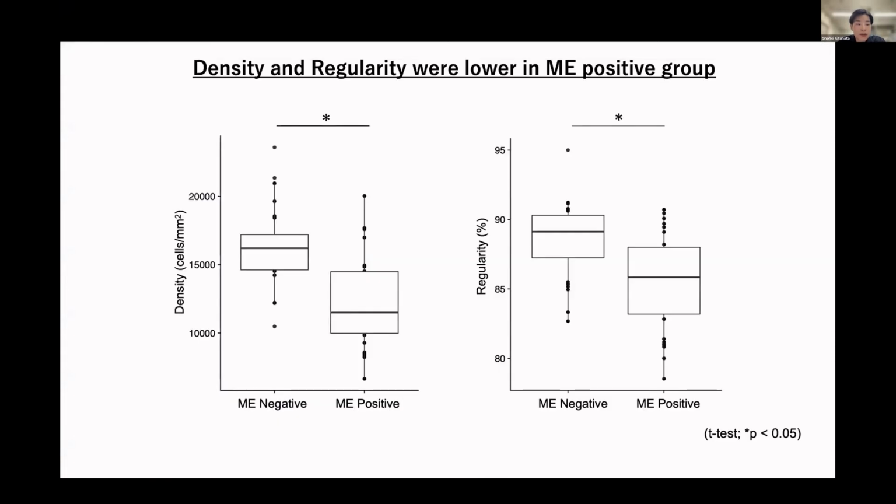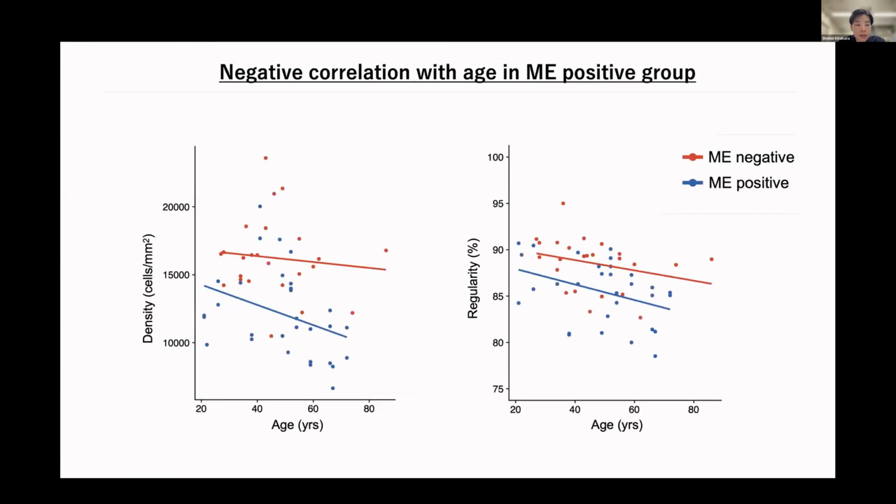The left figure shows the photoreceptor density, and the right figure shows the photoreceptor regularity in both groups. Both density and regularity were significantly lower in the ME positive group compared to the negative one. Next, we examined the correlation between photoreceptors and patient's age.